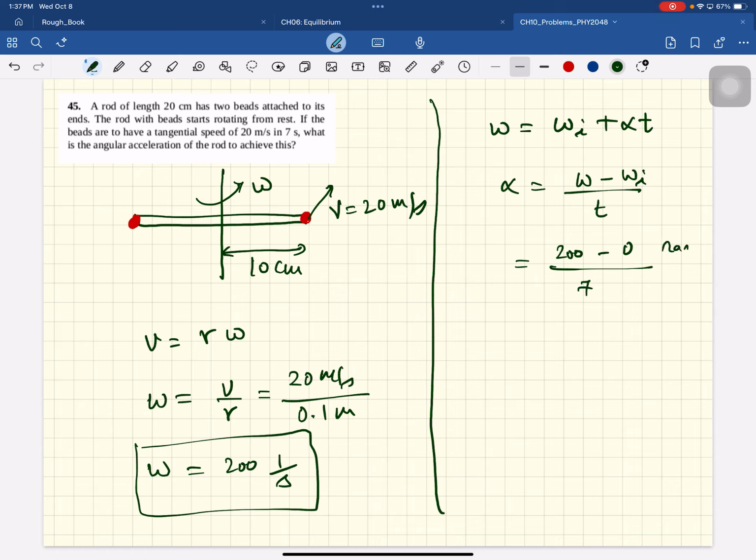Okay, so radians per second squared. So 28.6 radians per second squared.